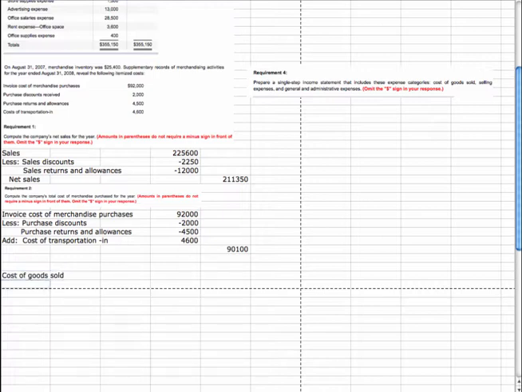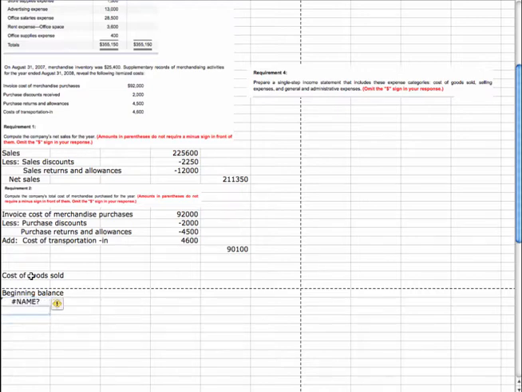Okay, now remember in the cost of goods sold calculation for a periodic inventory, we said take the beginning balance, then we want to add in plus our net purchases.